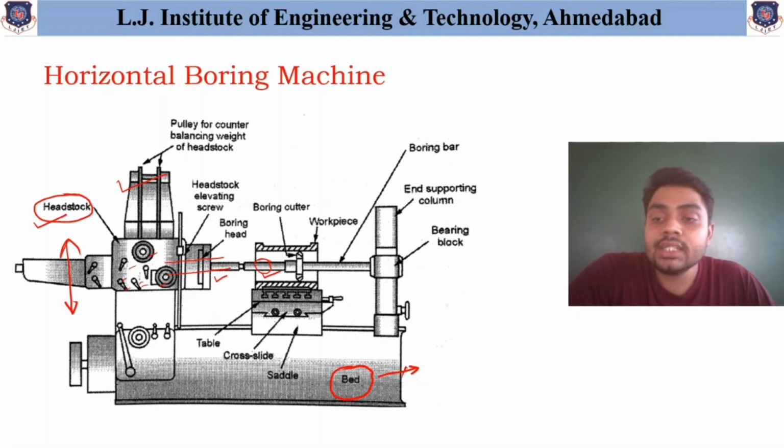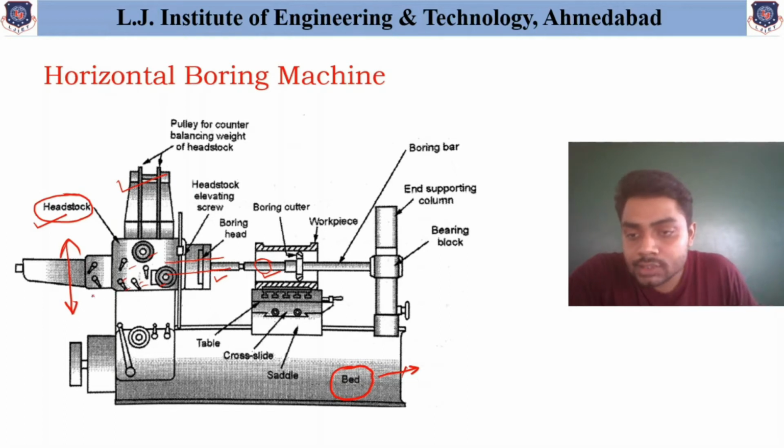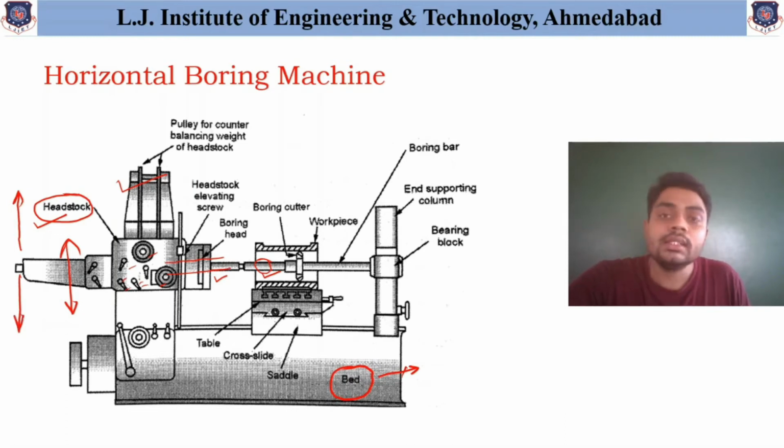So based on the requirement, this arrangement is possible by moving this headstock in upward direction or in downward direction. So this is the main column which helps for up and down movement of the headstock.